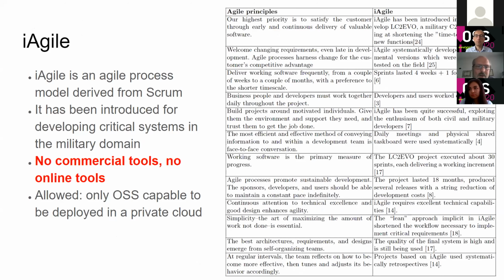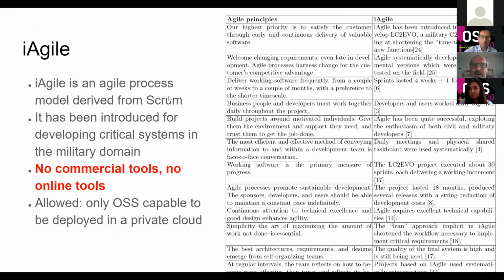In our case, we developed a development system called iAgile, which is a variant of Scrum, tailored for critical systems, and specifically for the military domain.